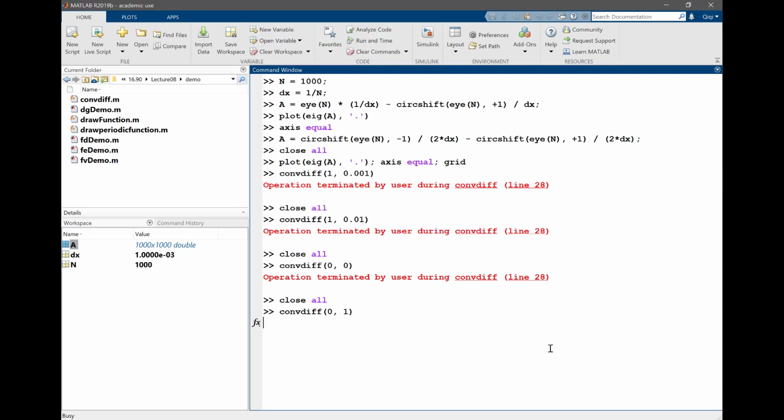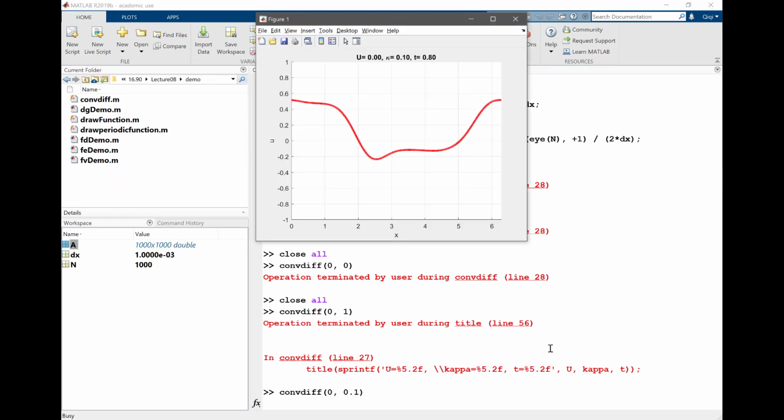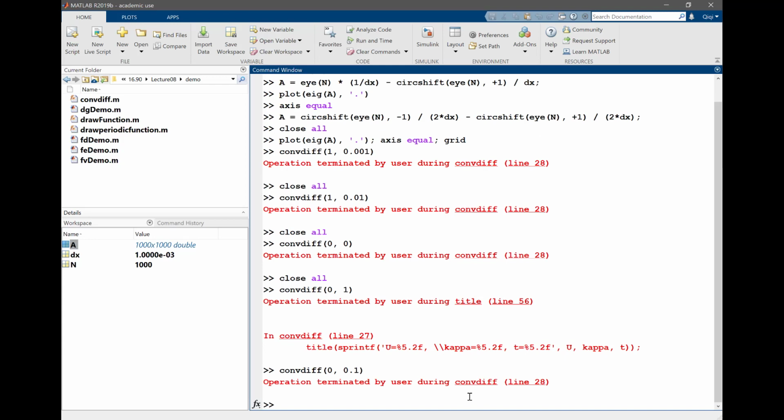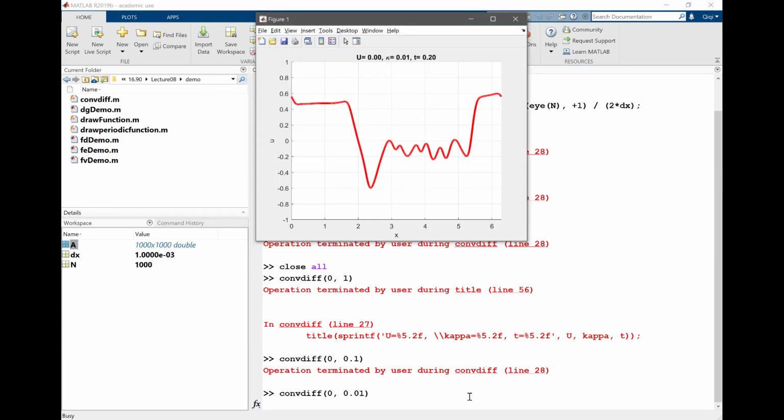So if I do that again with a smaller kappa, you see the teeth; let me do that even slower. This part gets smoothed out really fast, and then the larger scale features get smoothed out over time, less quickly.